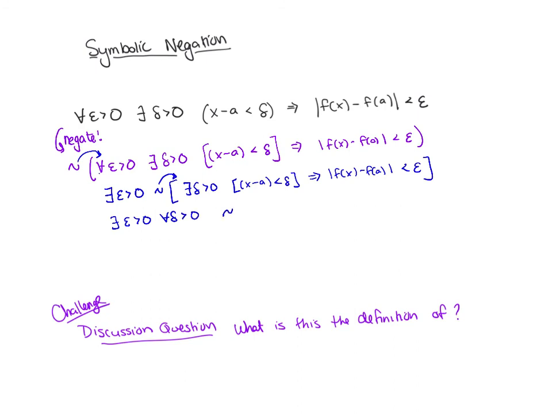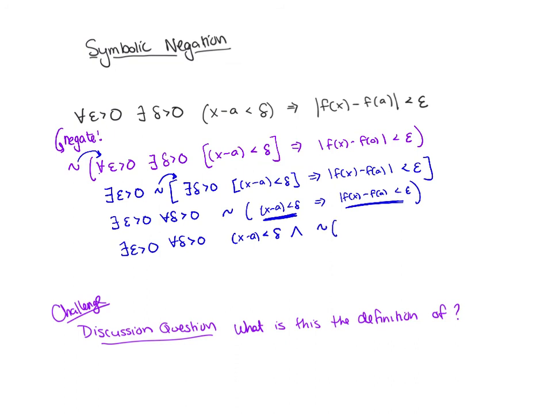And now I need to negate my if-then. The absolute value of x minus a less than delta implies the absolute value of f of x minus f of a less than epsilon. In order to negate that if-then, I have to have P being true and Q being false. So I get: there exists an epsilon greater than 0 such that for every delta greater than 0, x minus a is less than delta, so I keep that the same, and the Q is false.